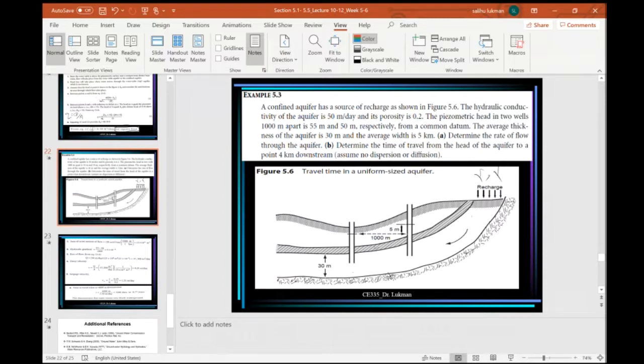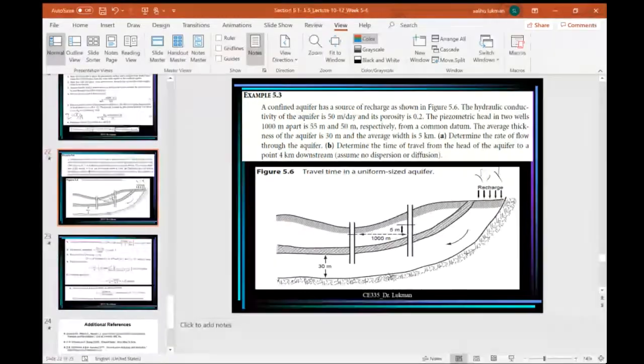Porosity is a measure of the void space. As I defined earlier, it is the volume of voids over the total volume. So it gives you a measure of what percentage of the area is occupied by voids.